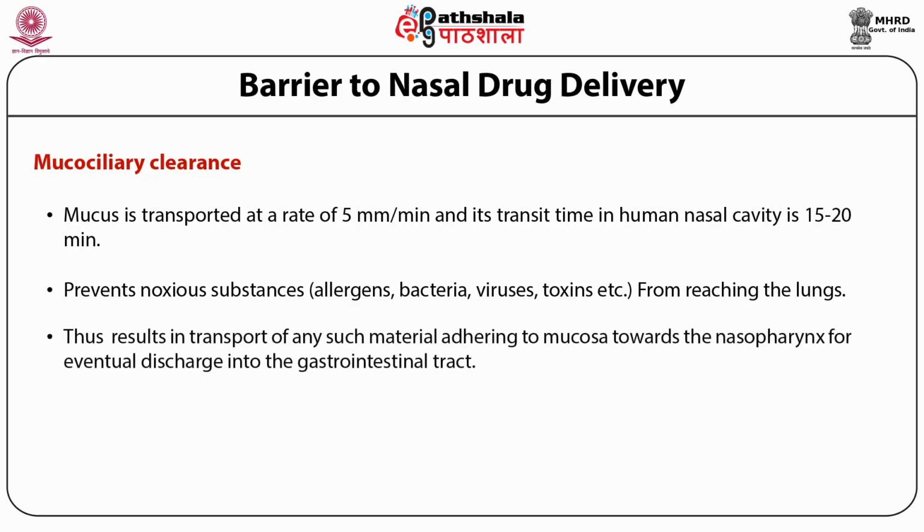However, it results in transport of any such material adhering to the mucosa towards the nasopharynx for eventual discharge into the gastrointestinal tract. This phenomenon will result in wastage of the drug, while it was beneficial in the case of noxious substances. The fourth one is the cold or rhinitis, and this will eventually influence the bioavailability of the drug.